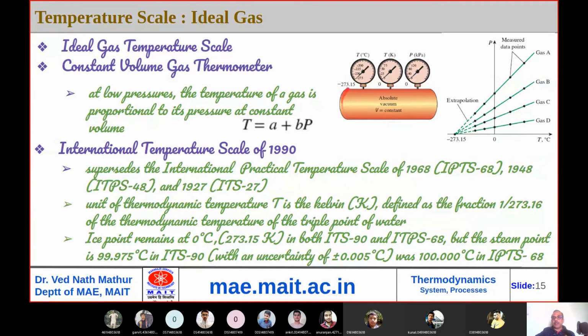The volume of the gas is constant, but as the temperature changes, pressure also changes. So this instrument is actually a pressure gauge. The change in pressure is because of the temperature. So we can calibrate this instrument, which is measuring pressure, in terms of temperature in Kelvin or degree centigrade. This calibration can be done by interpolating, or by drawing a straight line between the ice point and the steam point.